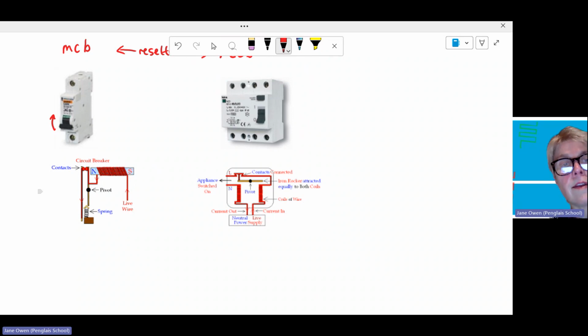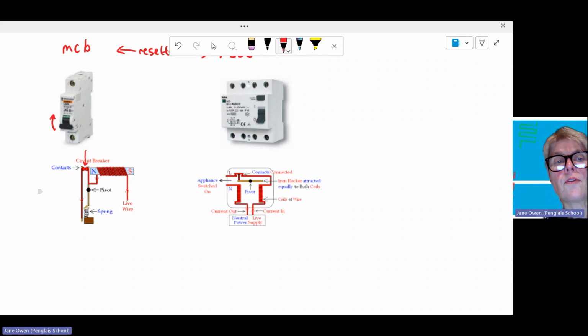So normally the contacts are closed, the circuit is closed, and the device is working normally. But when too much current flows, the electromagnet is very strong because you've got a lot of current, and the contacts are pulled open, so the device will no longer work.